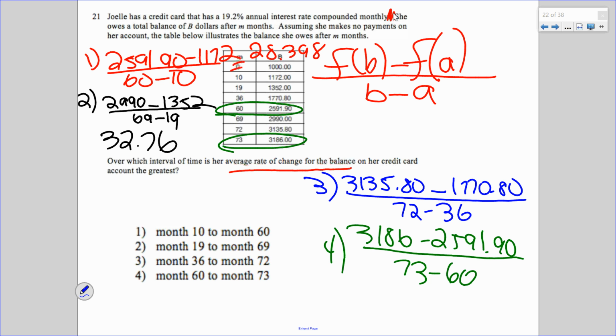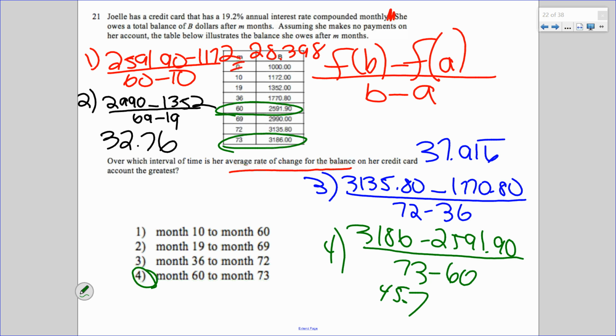I got 37.916. And finally, in green, I got a good feeling about green. 3186 minus 259190 over 73 minus 60 is 45.7. Which one's the greatest?